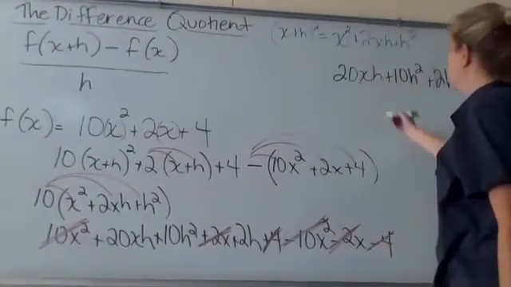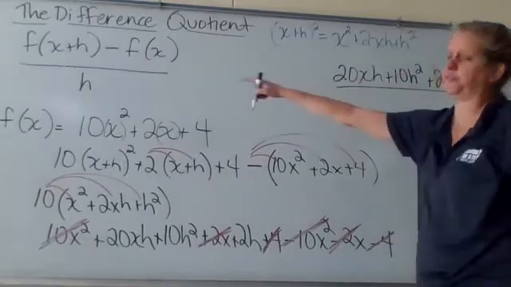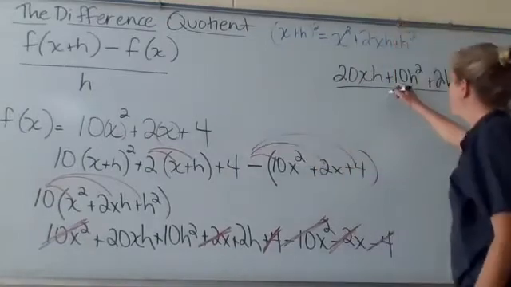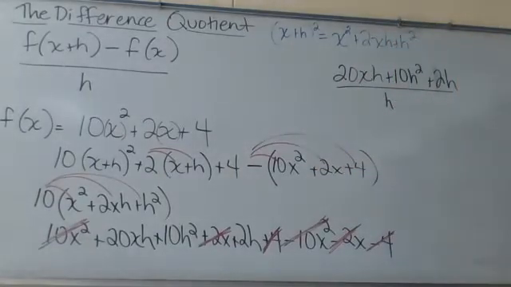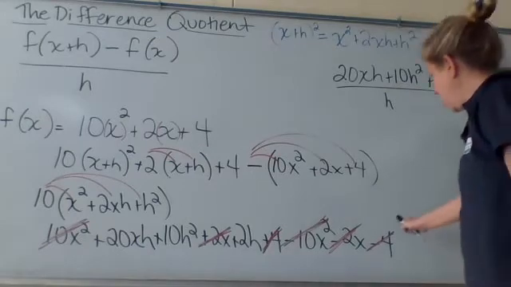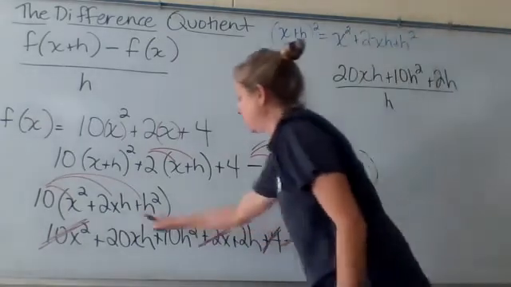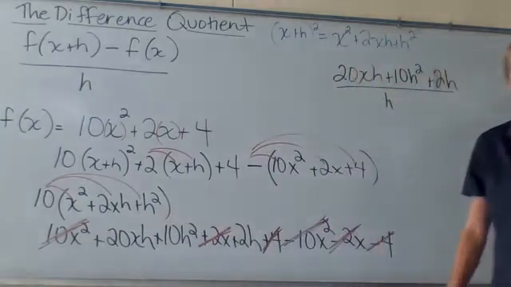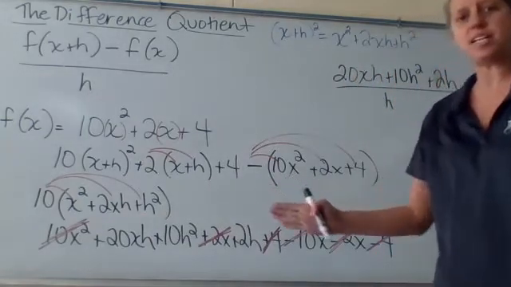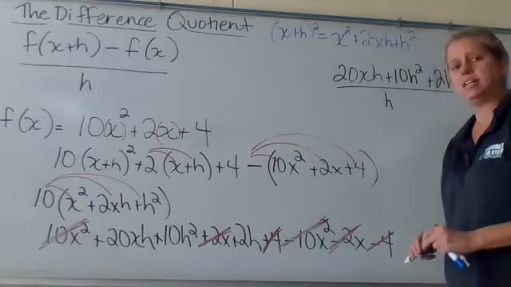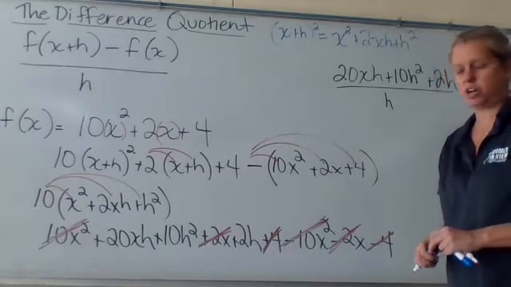And remember, what is the denominator of your difference quotient? It's always an h. So if you will notice, when you did all this canceling of those terms, what did they cancel? They canceled every single term that did not have an h, right?